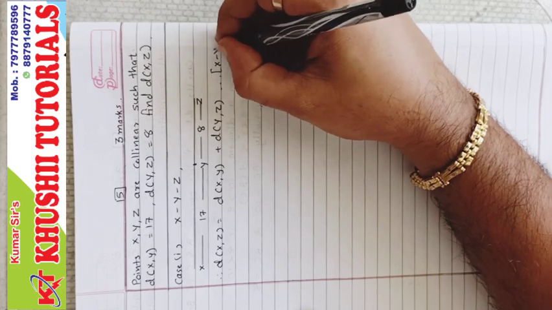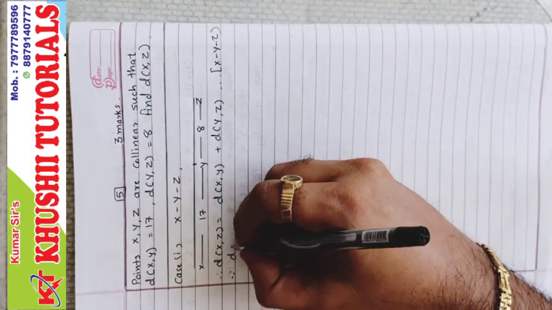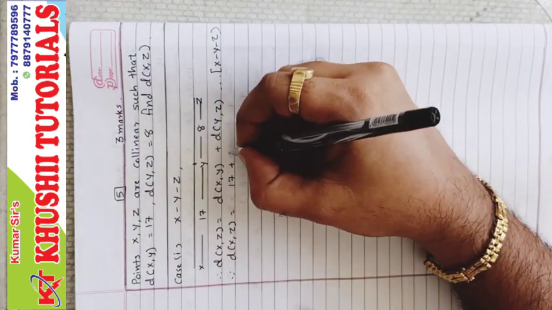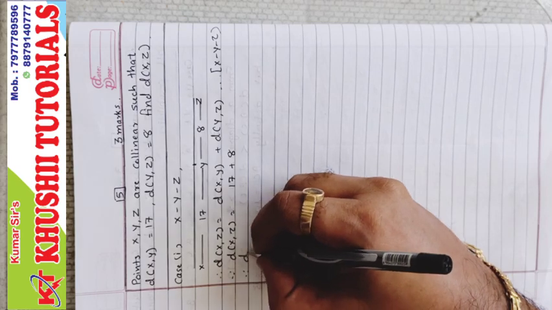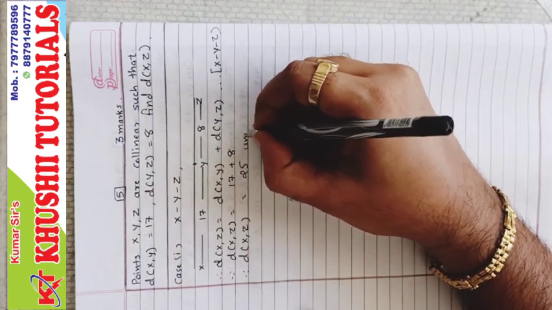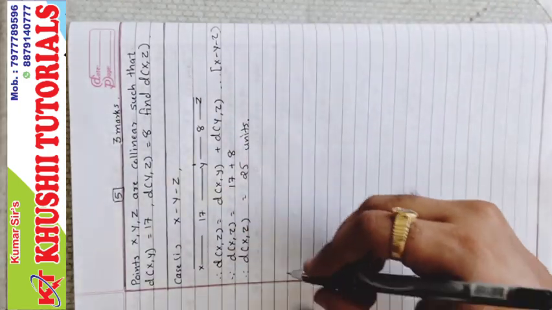Reason is X-Y-Z. XZ we need to find. XY is 17, YZ is 8. Therefore distance XZ equals 25 units, which is possible. Yes, distance is positive, so this case 1 is possible.